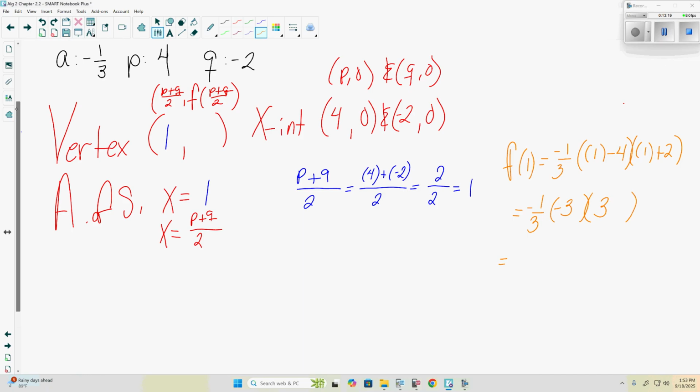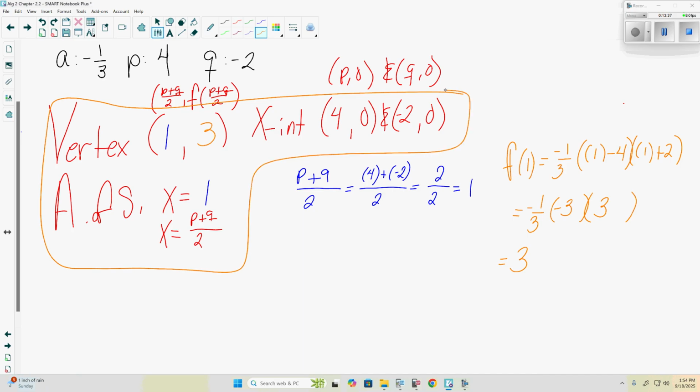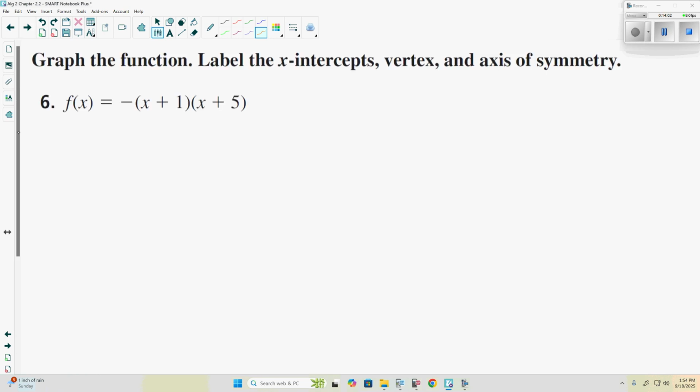Now, negative 1/3 times negative 3, the negative and negative would make a positive, 1/3 times 3 is 1. 1 times 3 is 3. So the y value of the vertex is 3. So the vertex is 1, 3. The axis of symmetry, x equals 1. And our x-intercepts are the points 4, 0, and negative 2, 0. Questions on this here? Yes, we will.